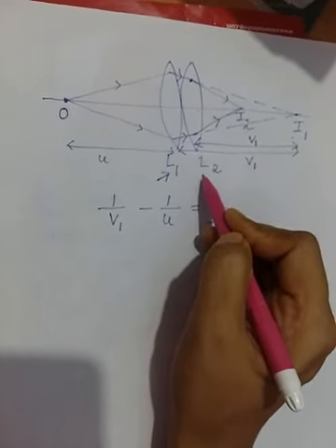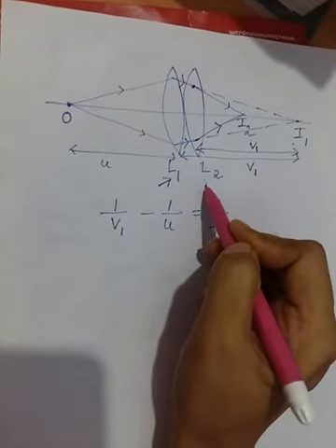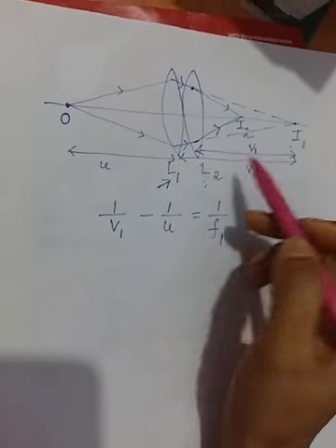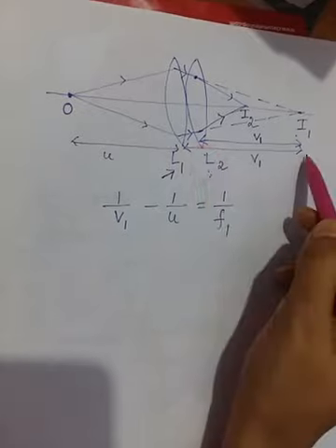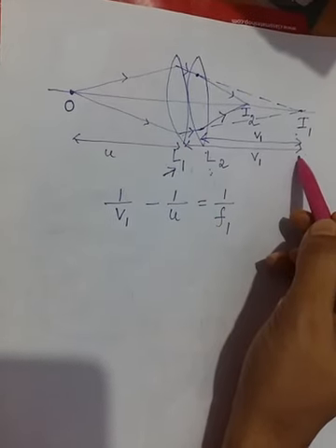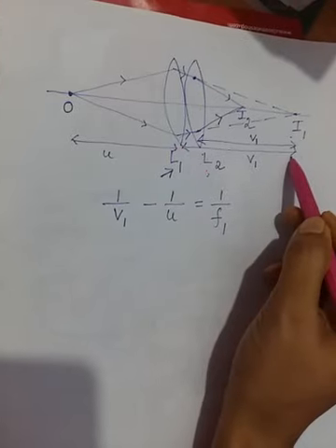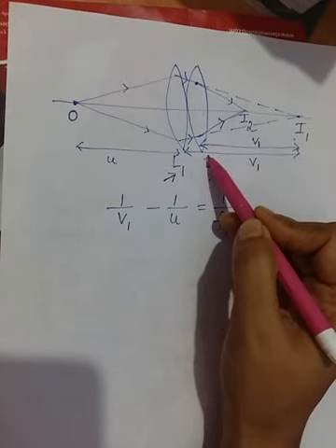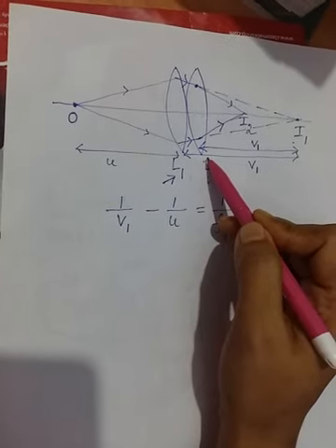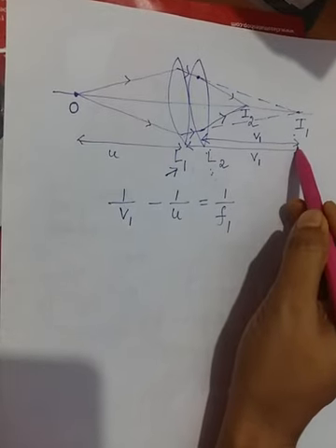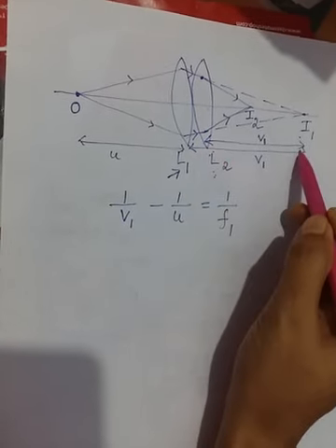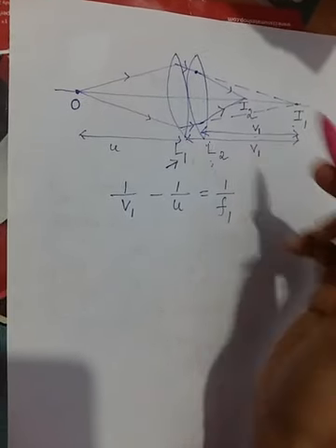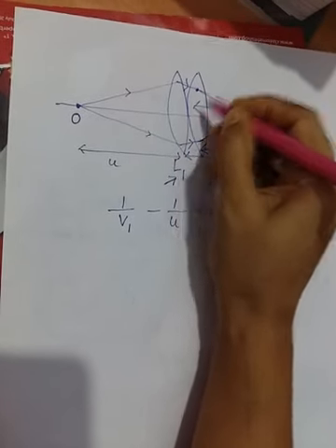Then this particular distance is negligible, and L1I1 equals L2I2. So we consider one assumption here that L1 and L2 are thin convex lenses. For L2, we take the virtual object distance as V1 and the real image distance as V.